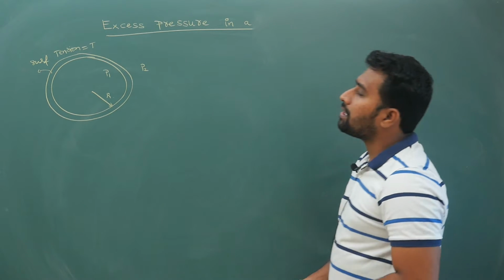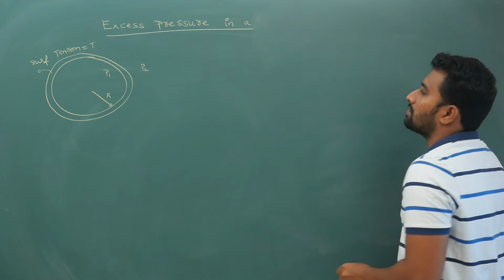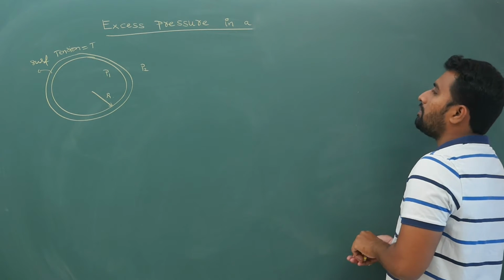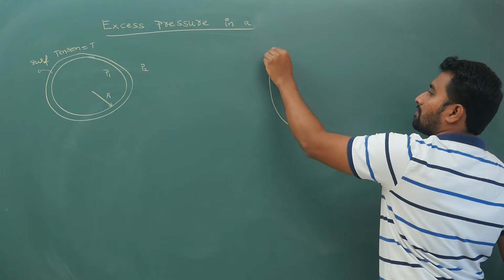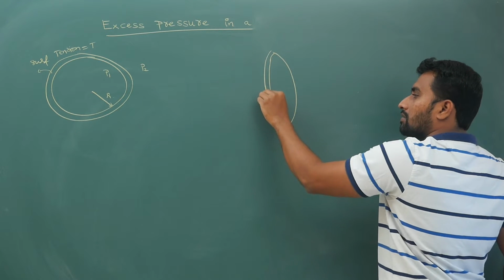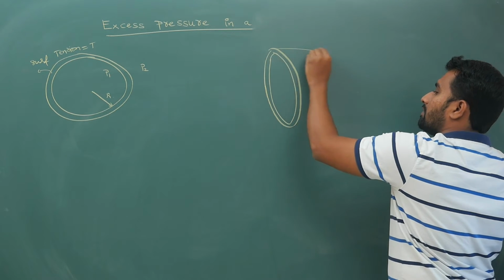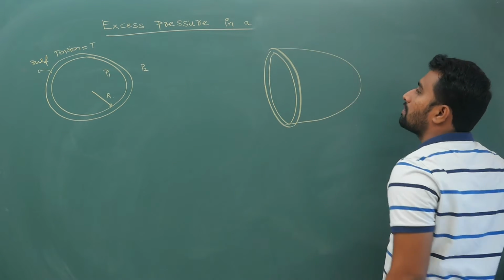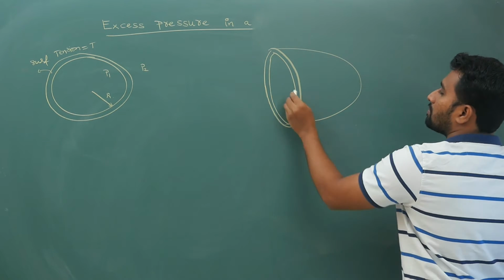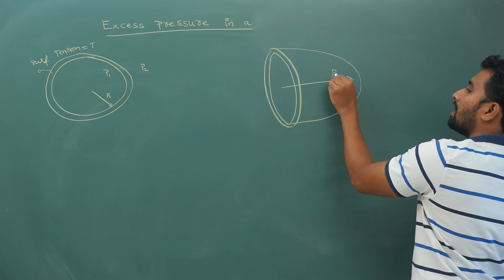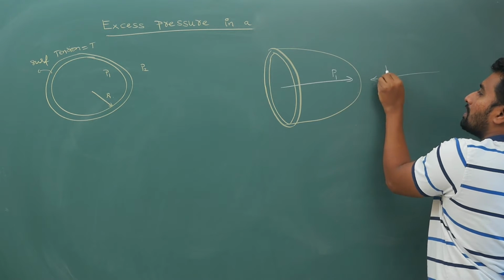Here also we will apply the same logic, except that you will have your interface in this manner. You will have your liquid surface this way. Inside you will have P1 pressure, outside you will have some P2.